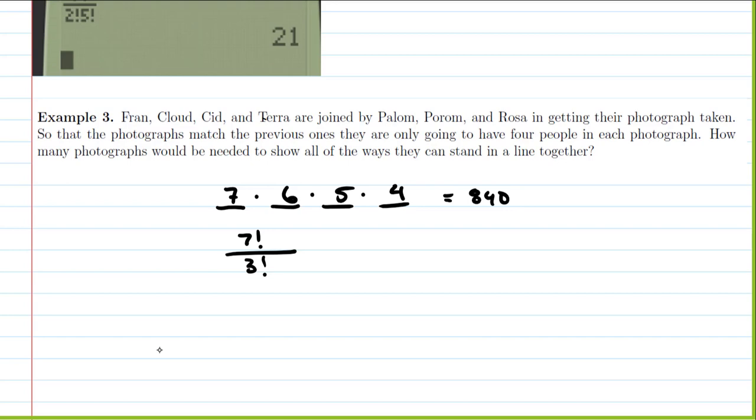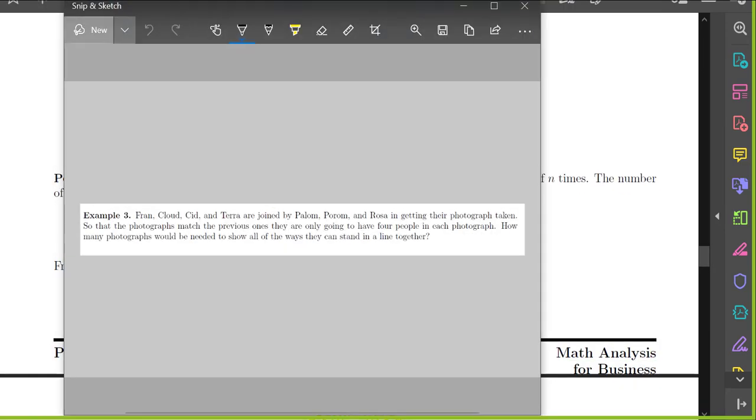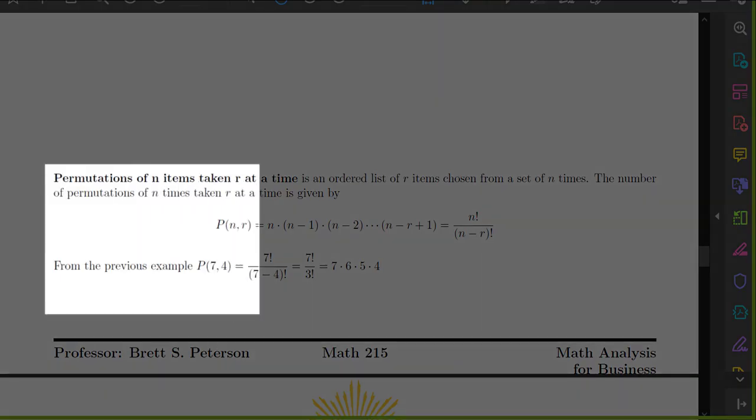We'll talk more about what I'm actually doing there in a second, because there is a name for that, but we do want to notice that we get the same thing when we do this.